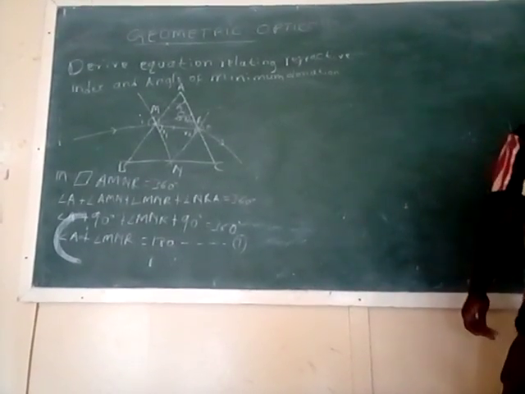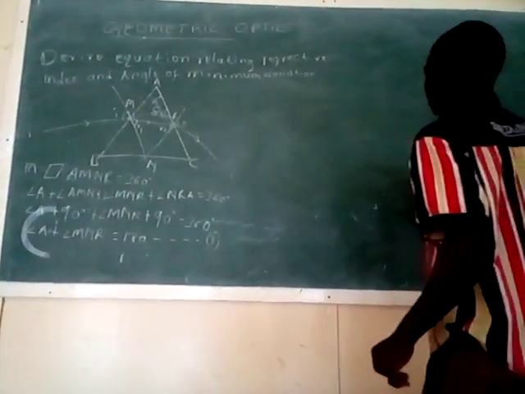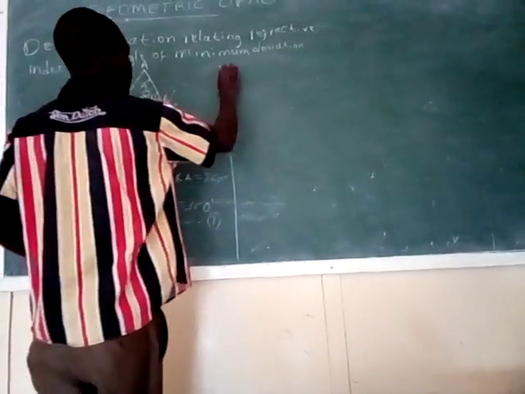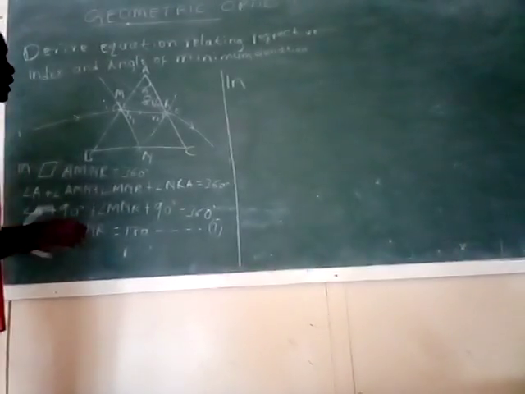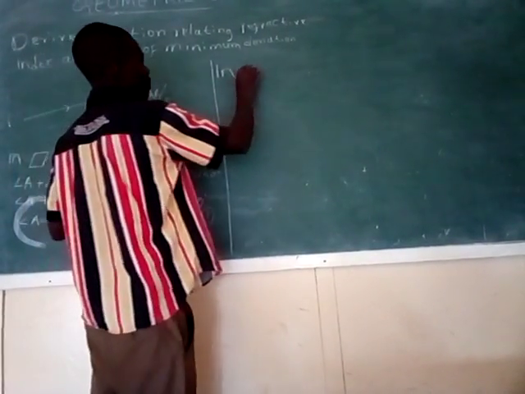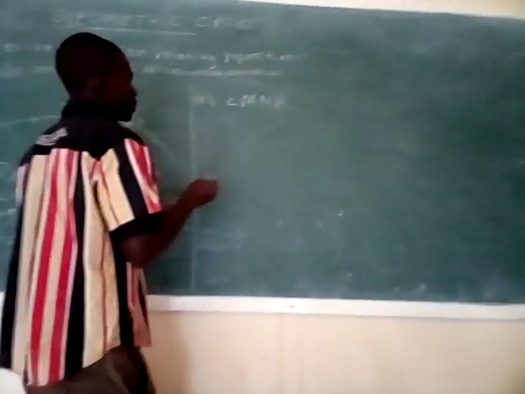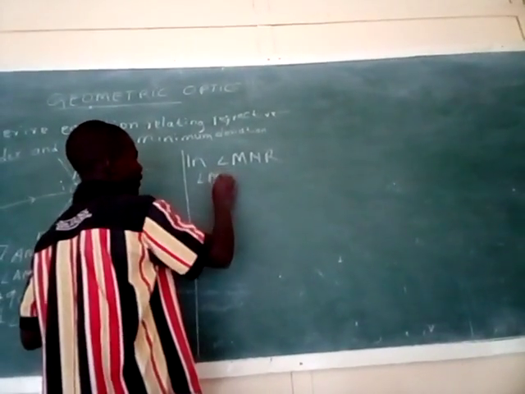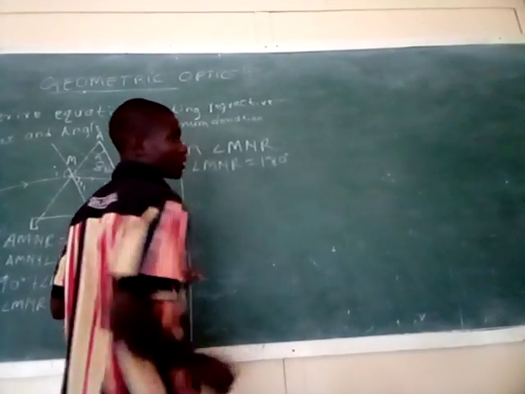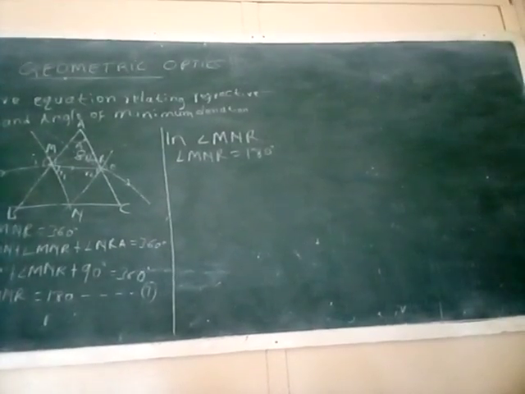We have talked about quadrilateral AMNR. The next thing is to go to triangle MNR. You know that the angles in triangle MNR add up to what? 180 degrees. It is something we know, that angles inside a triangle sum up to 180 degrees.